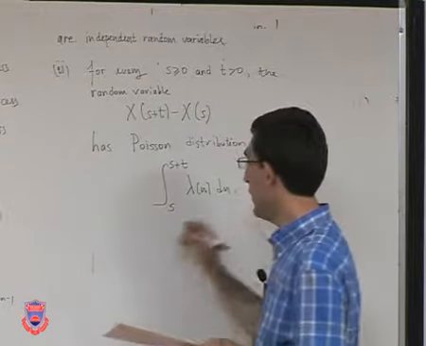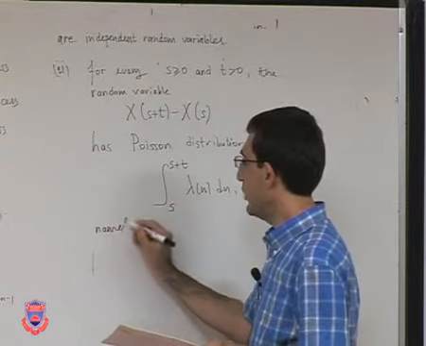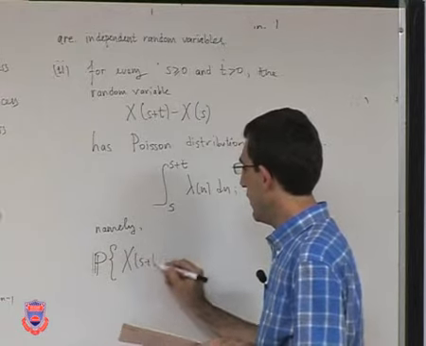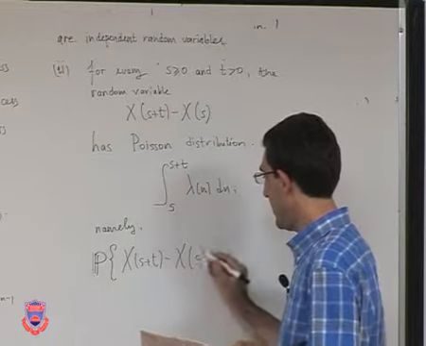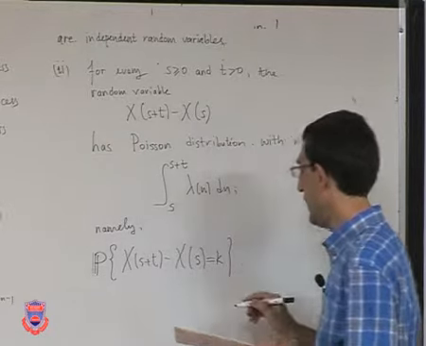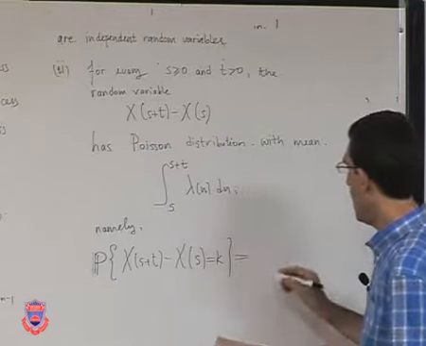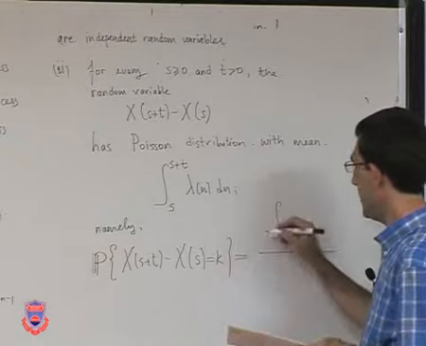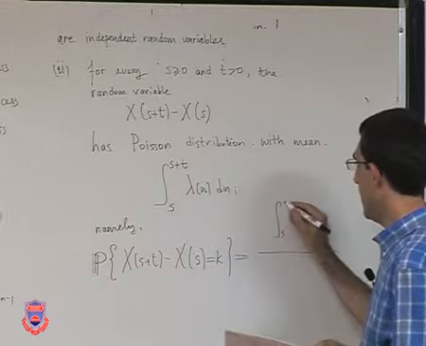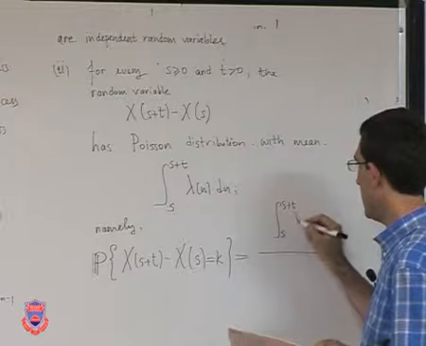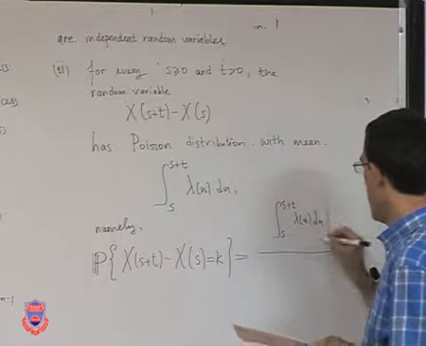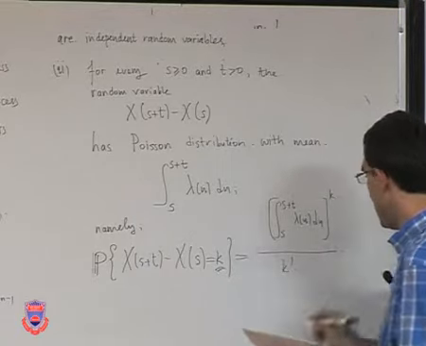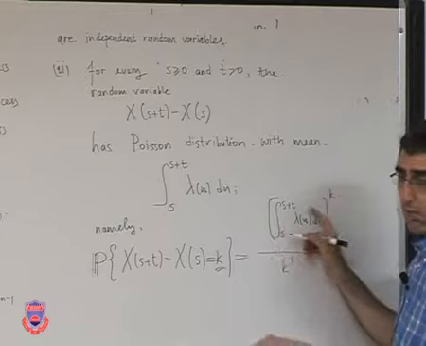All these things can equivalently be written as the probability that this difference equals a non-negative integer k, given by the mean to the power k, in this case the mean is the integral from s to s plus t of the intensity lambda(u) du, to the power k, divided by k factorial, times e to the minus the same mean.